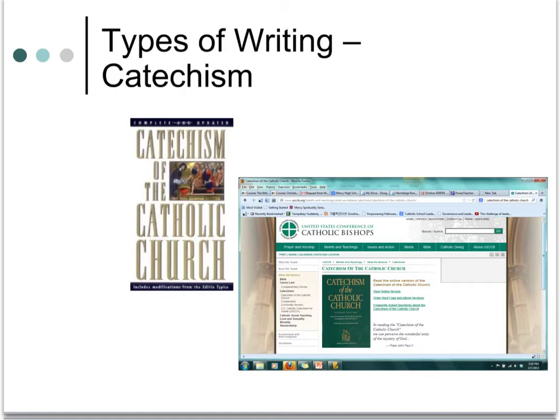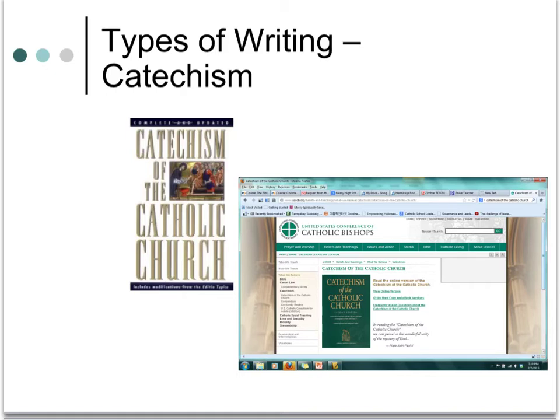And the Catechism, I will be honest, is not the most exciting thing to read in the world, but it is a tremendous resource because it really lists what the church teaches about almost any issue under the sun.